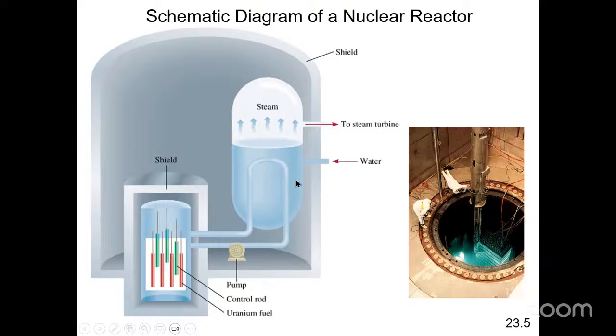The water here is vaporized, and then this is led to a steam turbine, which converts the heat energy into electrical energy, and then that is fed into the, what do you call it, the network or circuit or whatever that basically serves the public, right? So that's basically how this works, all right? And this is just a picture here showing you the actual reactor.